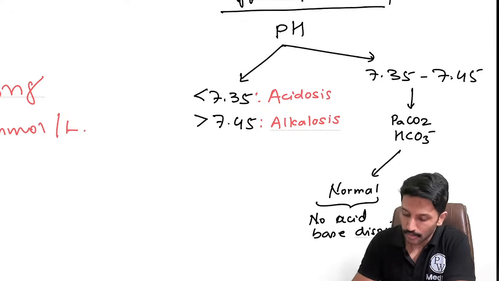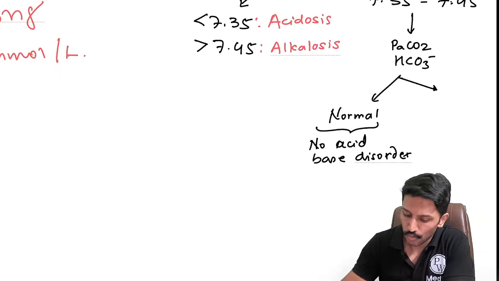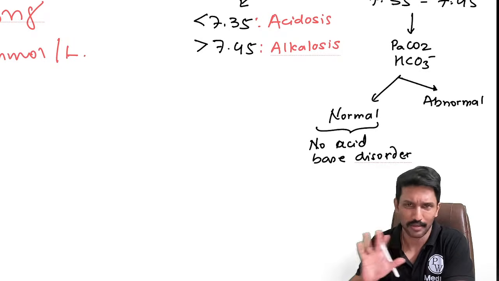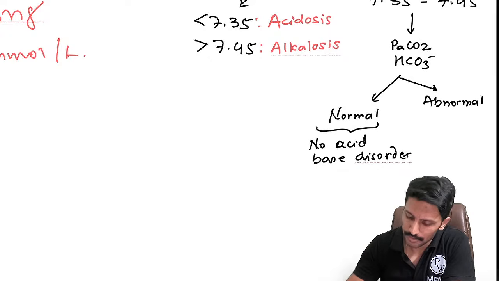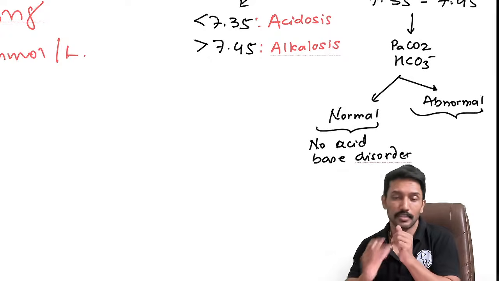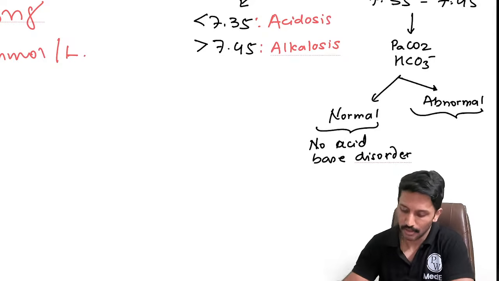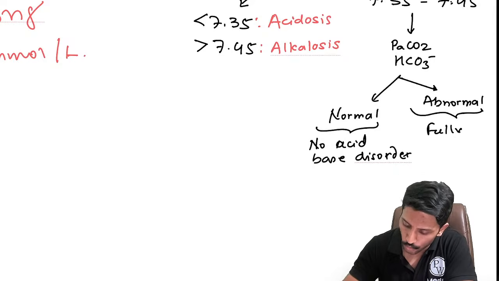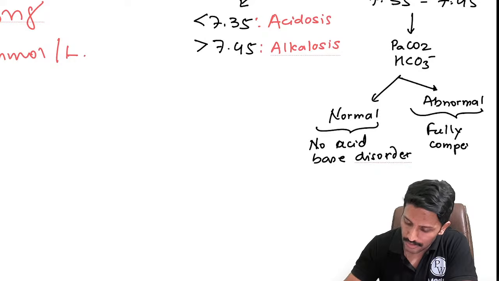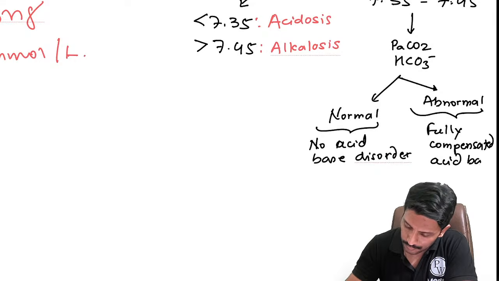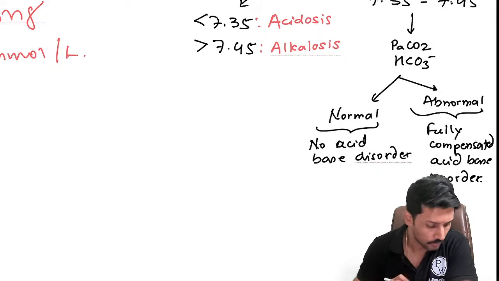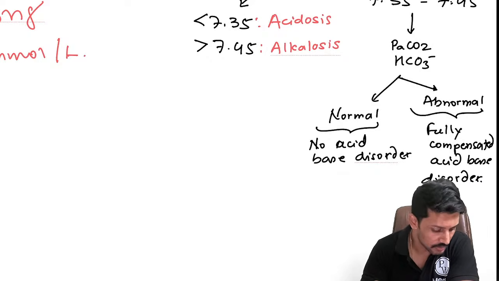But if the PaCO2 or bicarbonate are abnormal, whether decreased or increased, they are not normal for sure, then you have an acid-base disorder. The pH has been normalized by the compensatory change. So then you can make a diagnosis of fully compensated acid-base disorder.